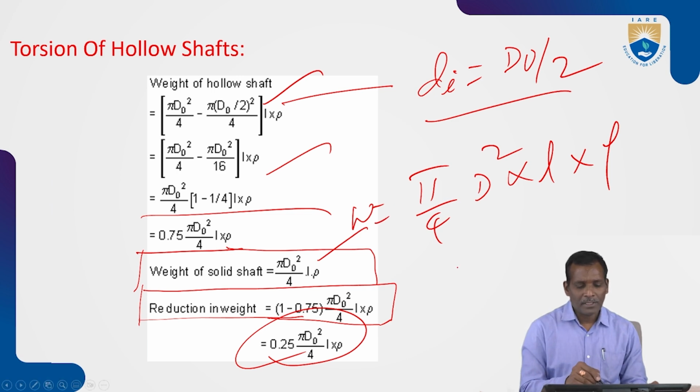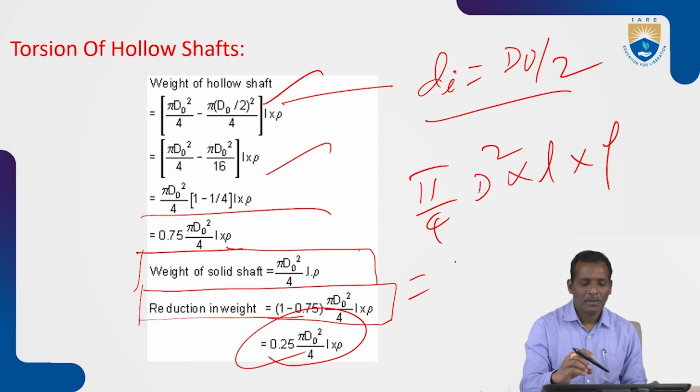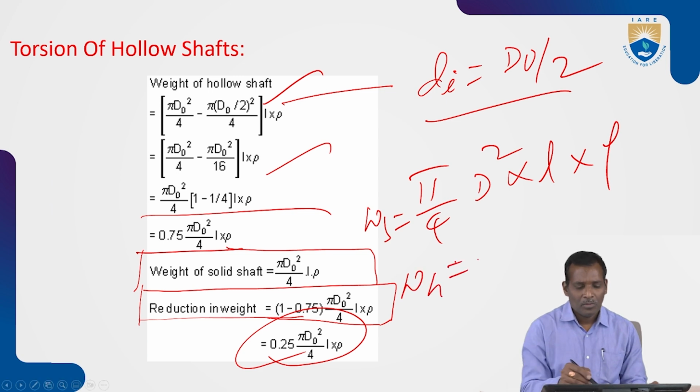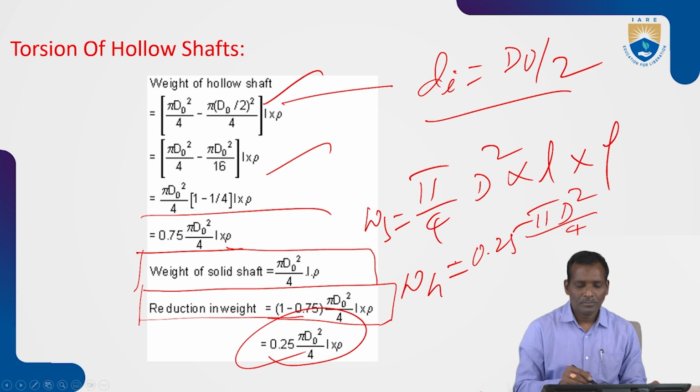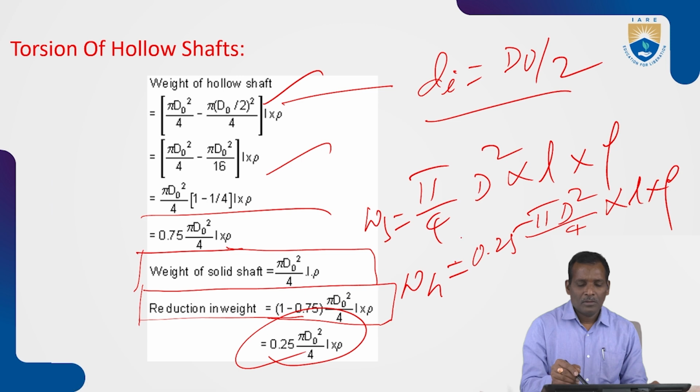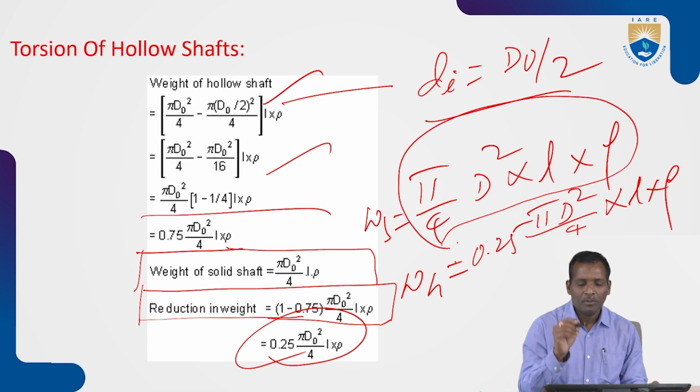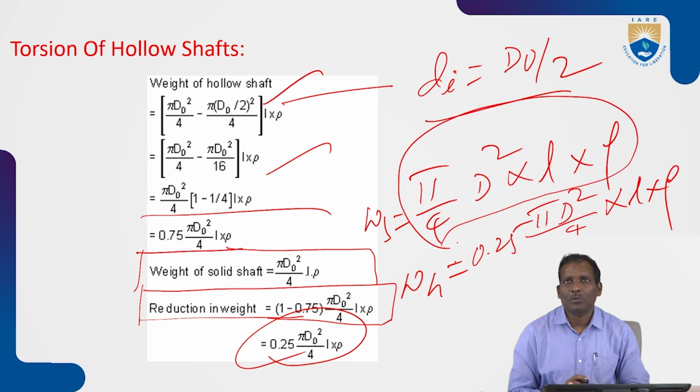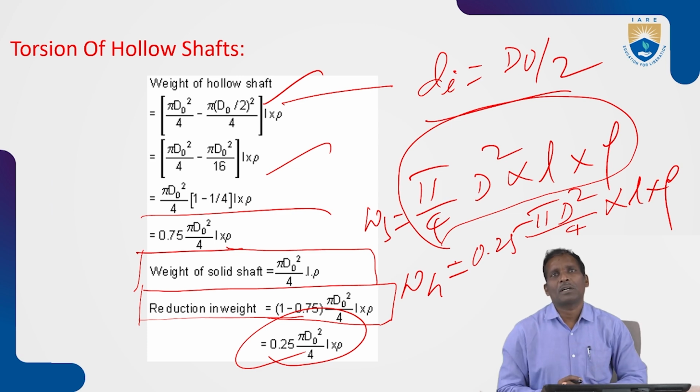Clear? So reduction in weight in the case of hollow shaft compared to solid shaft, we got 0.25 pi d square by 4 into L into rho. In solid we got pi by 4 into d square into L into rho, so that is the weight of the solid shaft.